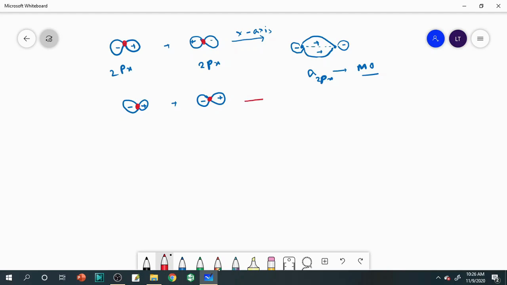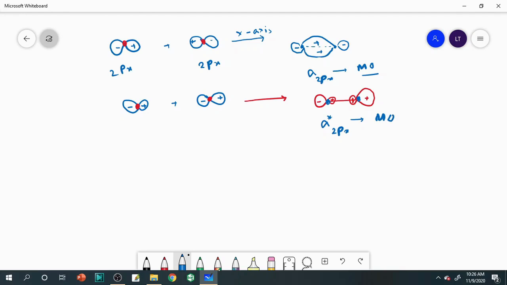So if you just draw now the internuclear distance, what will happen? This is negative, this is positive, very low in amount, again here it is positive, and here negative is very less in amount. So in the middle of the two nuclei there occurs a very small amount of electronic charge, and this is actually nothing but the sigma star 2px molecular orbital.